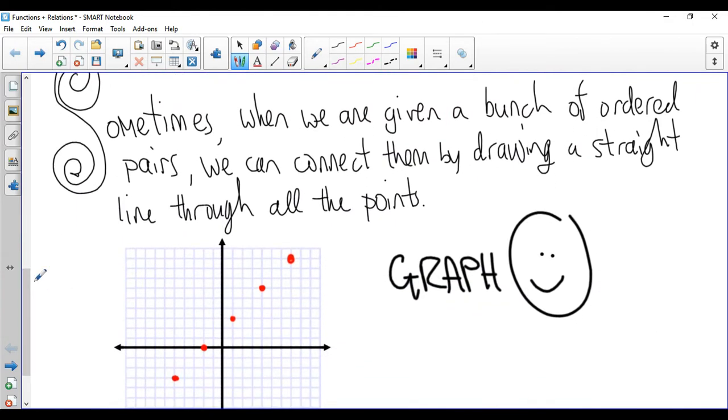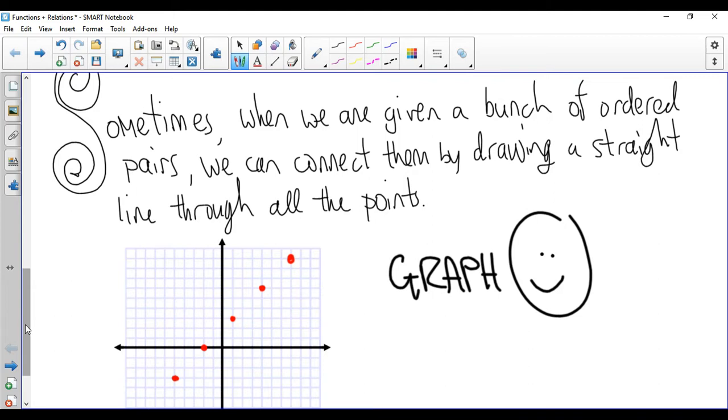Okay, so sometimes when we are given a bunch of ordered pairs or coordinates, we can connect them or we can draw them on a grid. I think you've realized this in most of your math classes, that we can represent things mathematically in different ways, right?